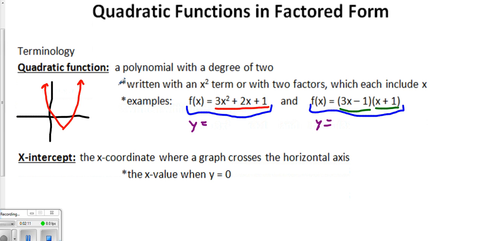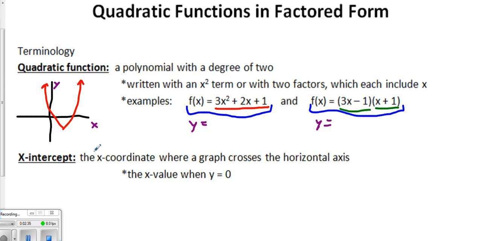So now that we know that we can do a quadratic function that looks like this, kind of as a written out trinomial, or like this, as two factors, and they do mean the same exact thing, let's talk about some of the pieces of them. The x-intercept. Remember, we have two axes, x and y. I'm going to draw my y over here.